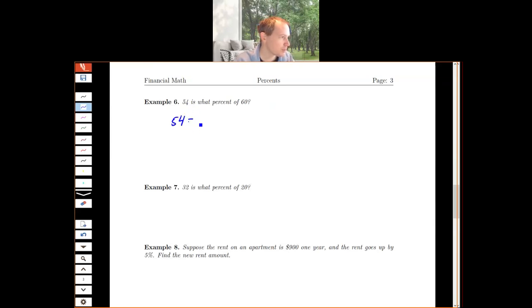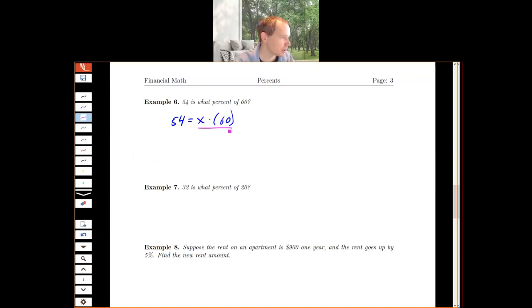Is equals, my what is my unknown, so I put an x. And then percent of means multiply, so times, and then I have my number 60. So here I can see 54 equals x times 60 as an algebra equation that's very easy to solve.